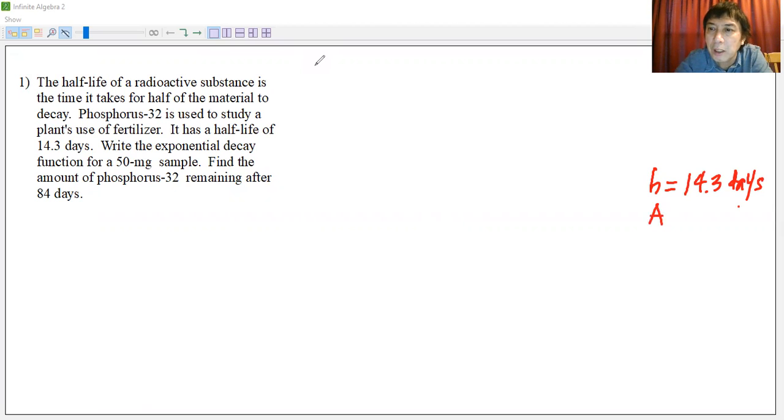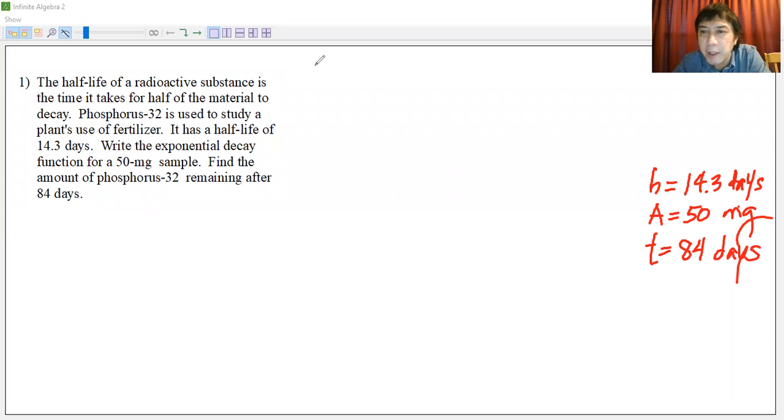Let's use A, and this is 50 milligrams. Find the amount of phosphorus 32 remaining after 84 days. So we have this given time. This is 84 days. So units are consistent. Both are in days.